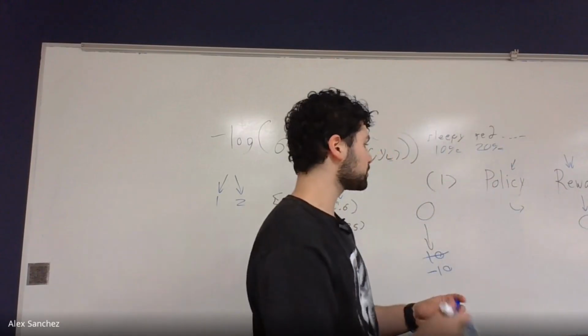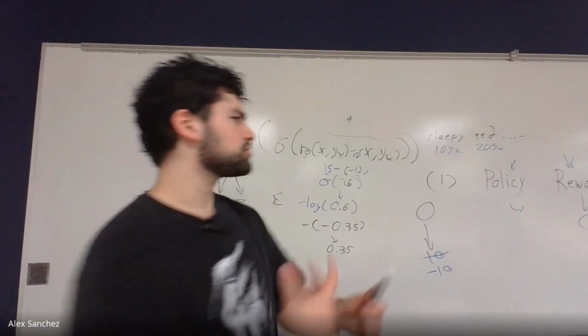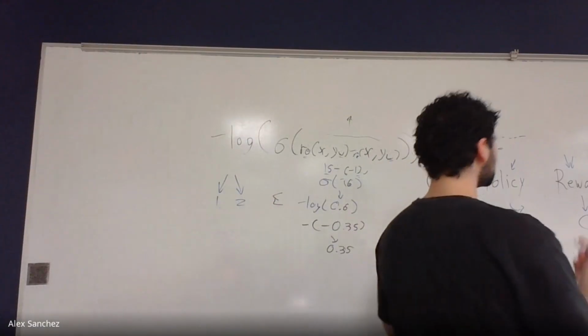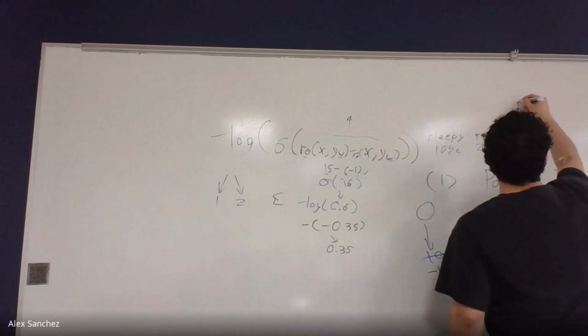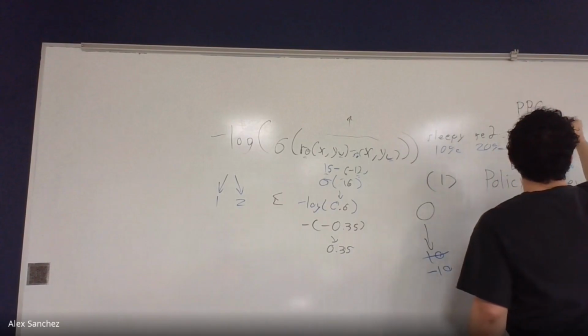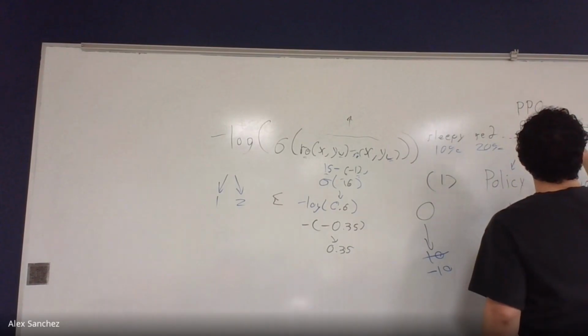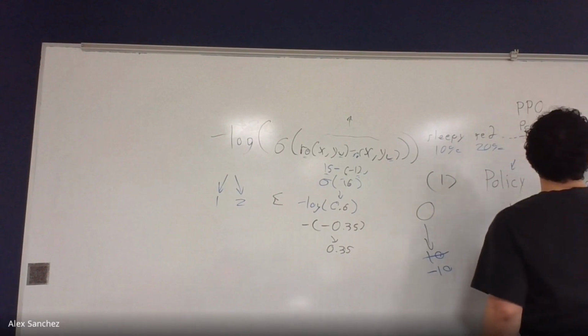We have to use this algorithm that we call PPO. And there's also other algorithms that are used, but PPO is a reinforcement learning algorithm. PPO stands for proximal policy optimization.